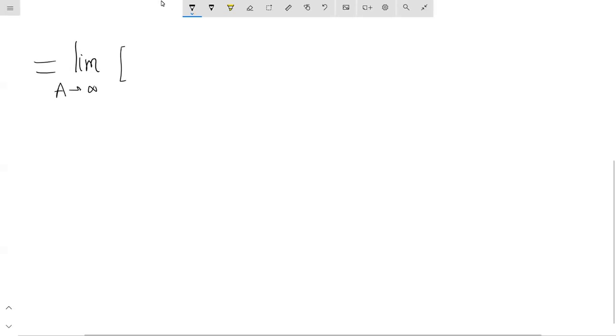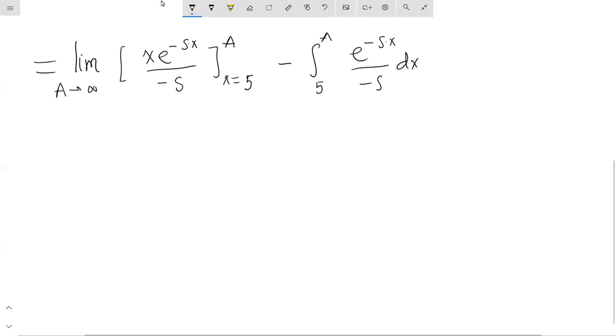We would have x e to the minus s times x divided by minus s, evaluated from 5 to a, minus the integral from 5 to a of e to the minus s times x over minus s dx.